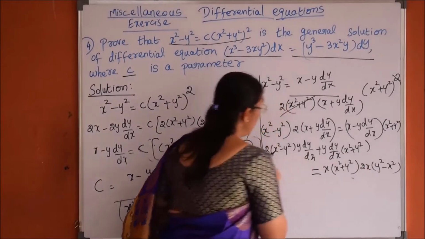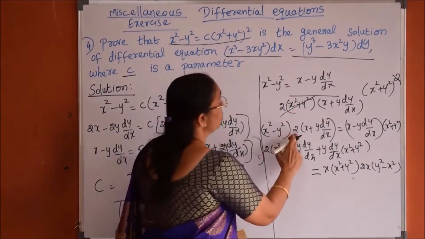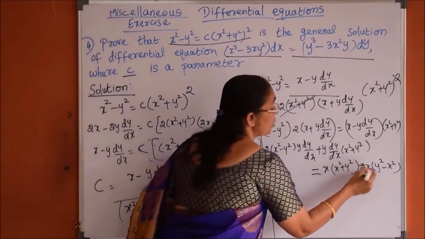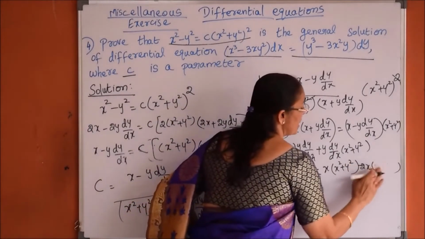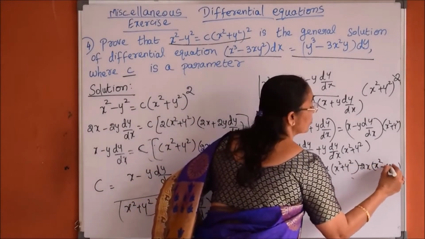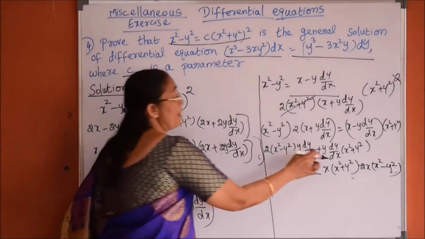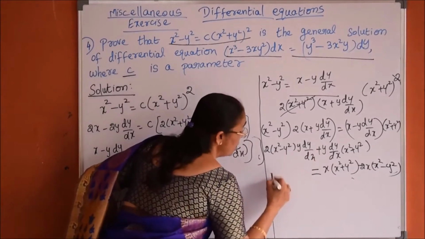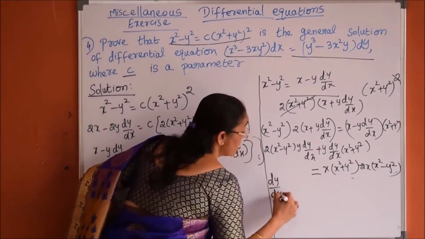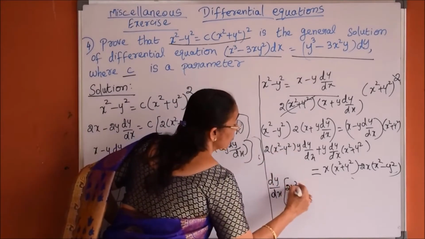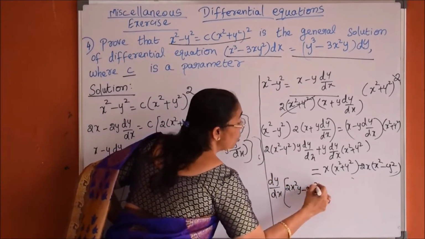So when we bring this 2 here, 2x of (x² − y²), it will come minus 2x of, let it be (x² − y²) itself.